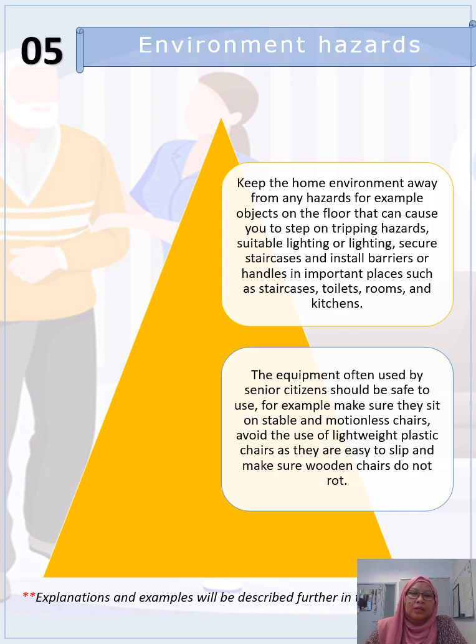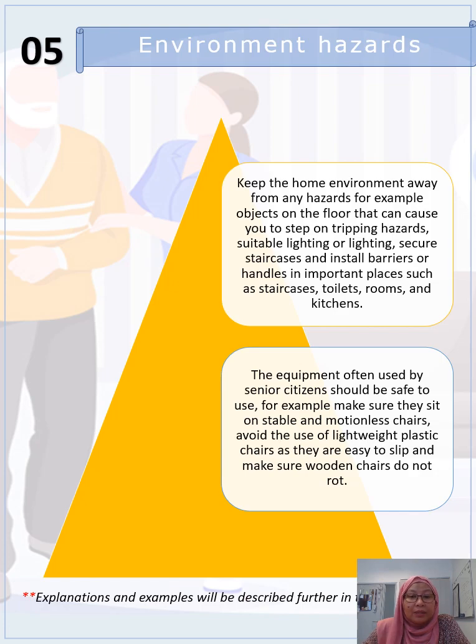Okay, now with regard to environmental hazards, what can we do to the hazards that can be found in the surrounding environment? Keep the home environment free from any hazards, for example, objects on the floor that can cause someone to step on them or trip.